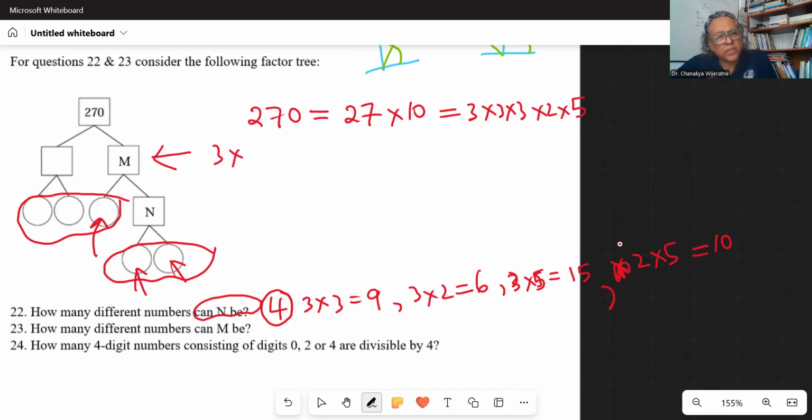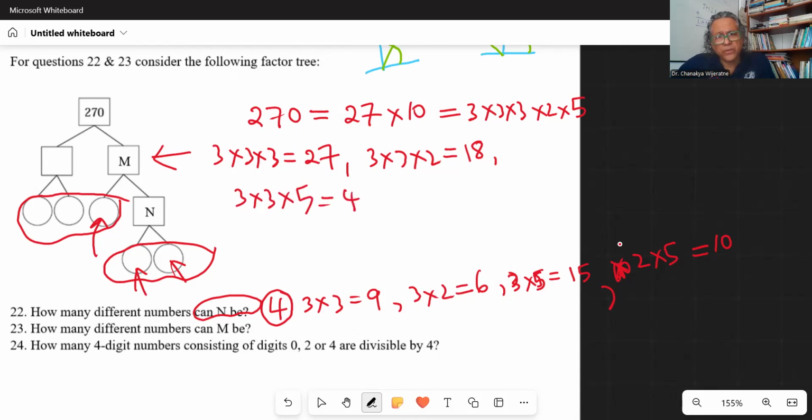First, we get all 3s, and this is 27, and then 2 threes and a 2, which gives 18, and 2 threes and a 5, so I'm doing a systematic listing, right? So this is 45. Now I'm going to take only one 3.